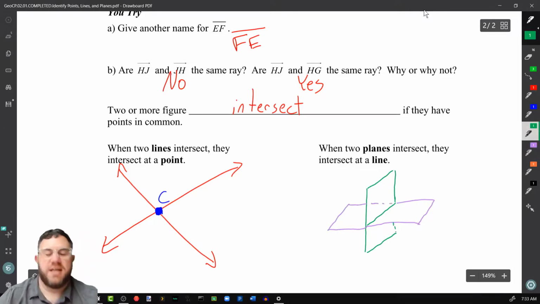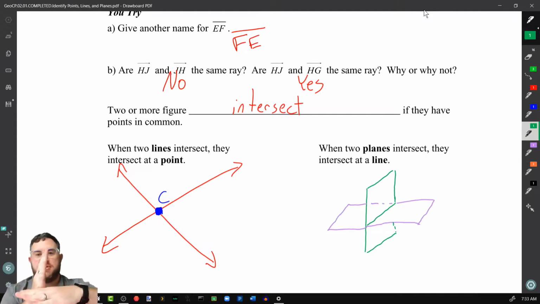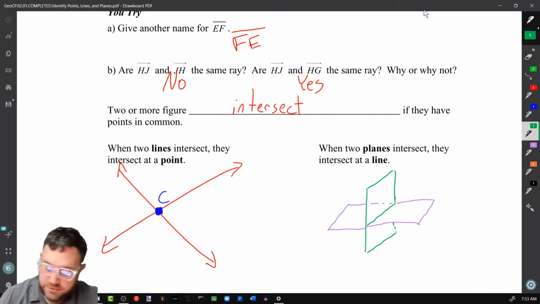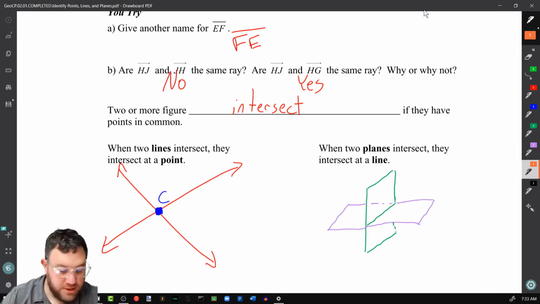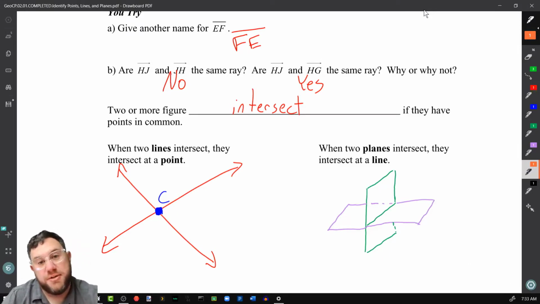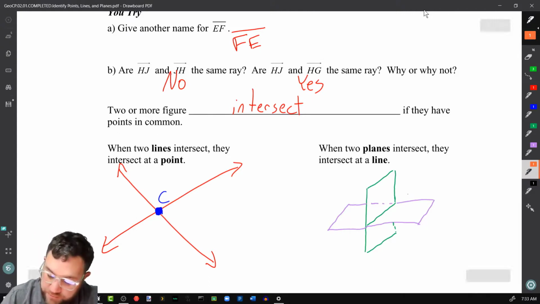And again, this is like if you had two pieces of paper that crossed each other, and my planes don't look like they are flat, but I promise they are. Also, in geometry, you can never trust the pictures unless you are told things about them.